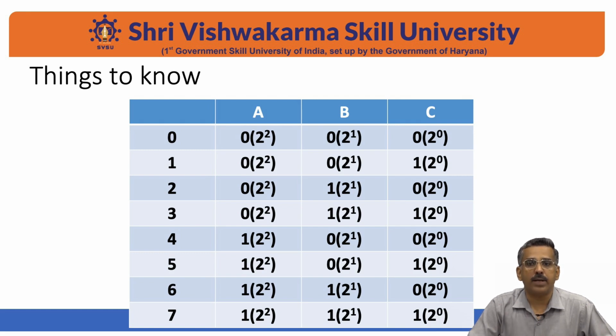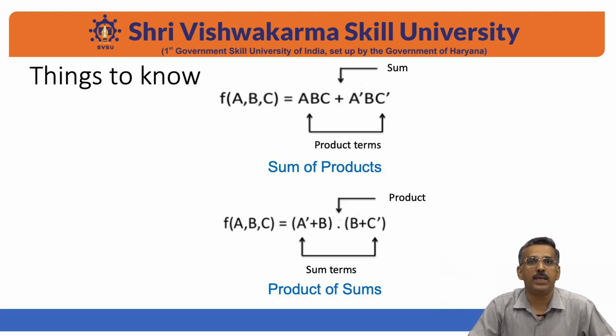The second important thing which is to be discussed here is the SOP and POS. SOP is known as sum of products. The Boolean expression can be represented in 2 categories, one as a SOP, the other as a POS. If we represent the product variables which are summed together in the expression, we will call that a SOP.